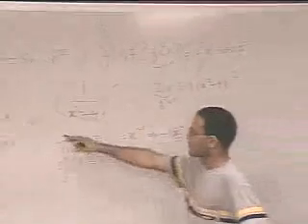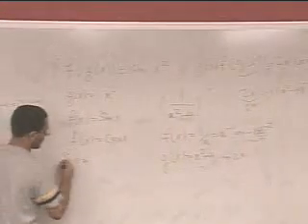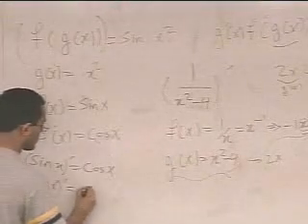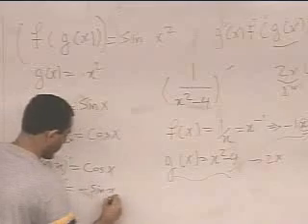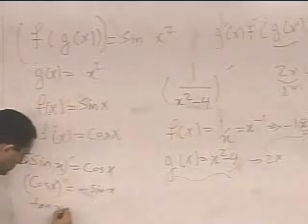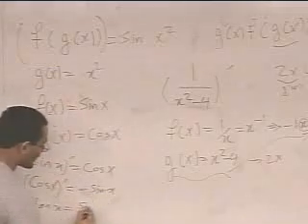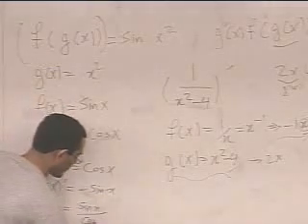Now, just to refresh your mind, remember that sine of x has derivative cosine of x. Cosine of x, its derivative is what? Minus sine of x. Good. And tangent of x, you don't need to memorize it. We know that it's sine of x over cosine of x.